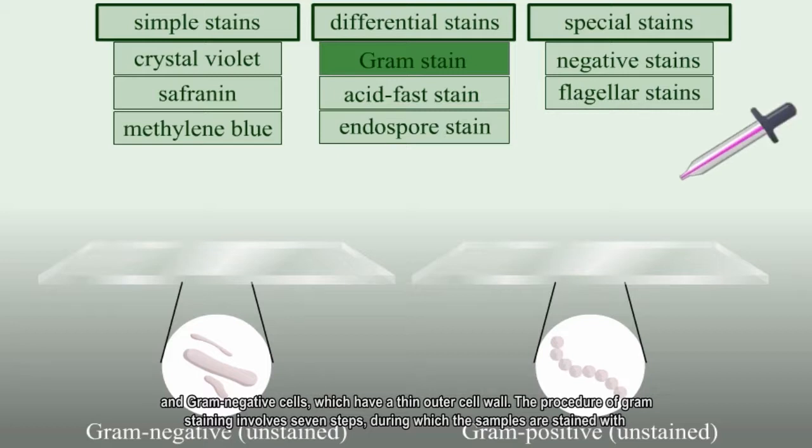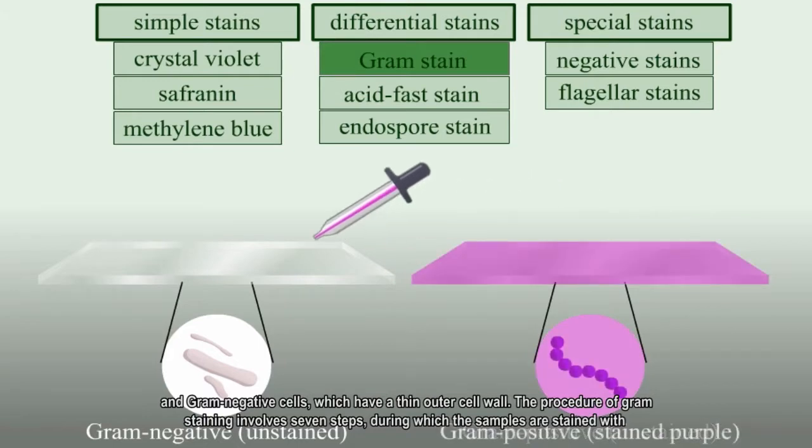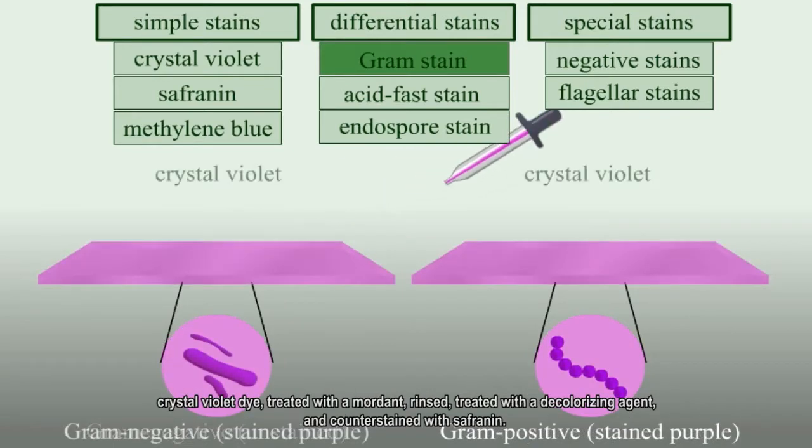The procedure of Gram staining involves 7 steps, during which the samples are stained with crystal violet dye, treated with a mordant, rinsed, treated with a decolorizing agent, and counterstained with safranin.